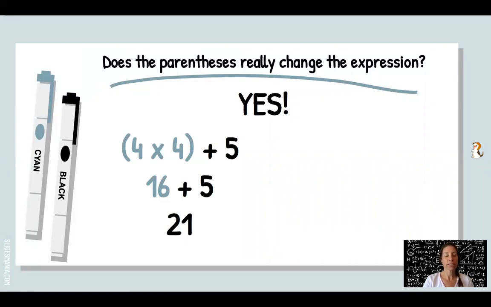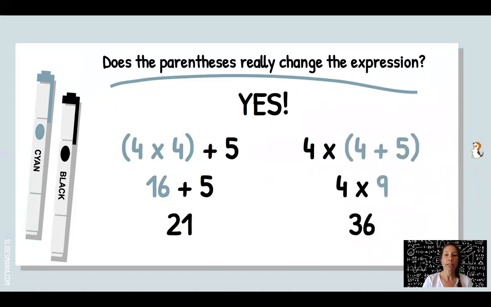Now let's look at the same numbers and operations, but put the parentheses in a different place, like this one. 4 times (4 plus 5). Now we have the parentheses around the 4 plus 5. Do you see how that's different? 4 plus 5 is 9, and I know whatever's in the parentheses I need to do first.